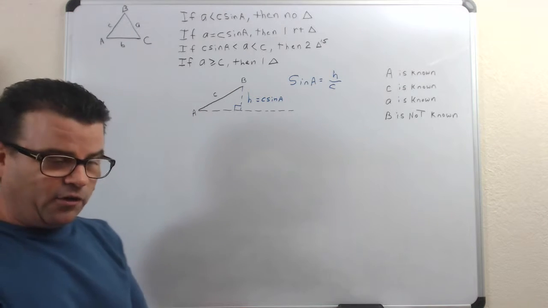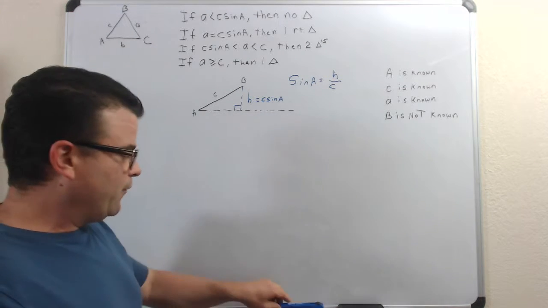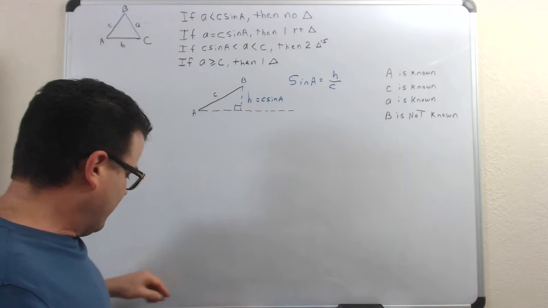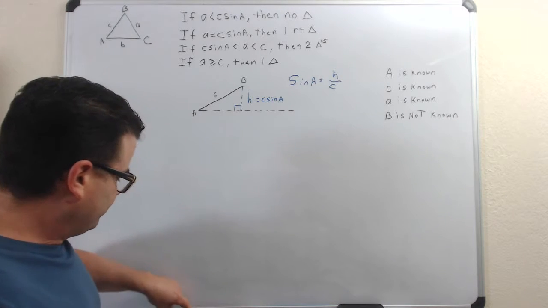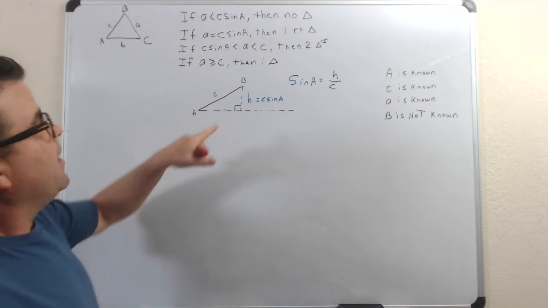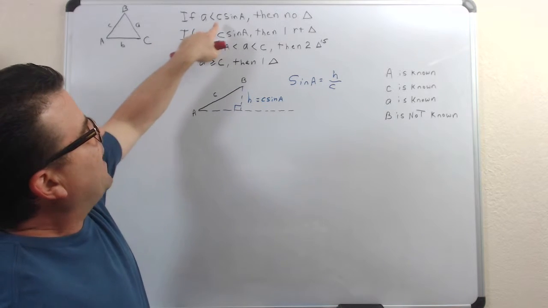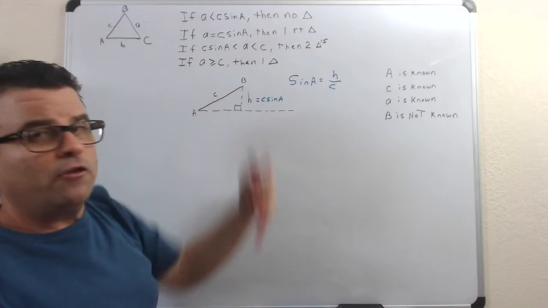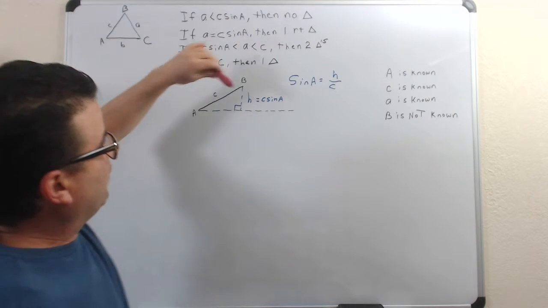So let's consider the what ifs about a and comparing it to c sine A. So if a is less than c sine A, then no triangle is possible. And let's see how that would work.